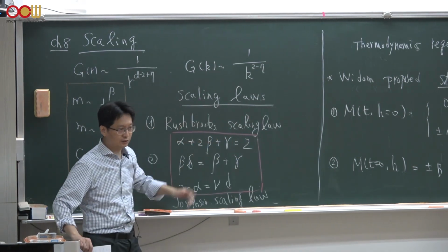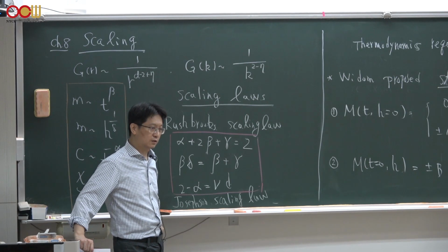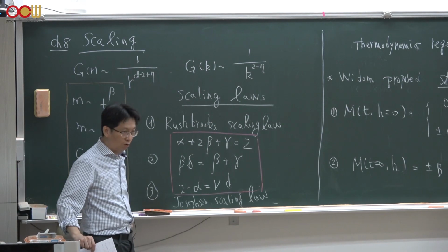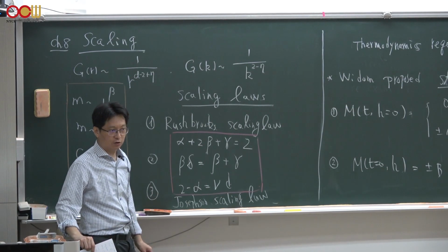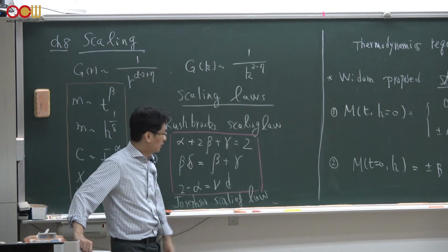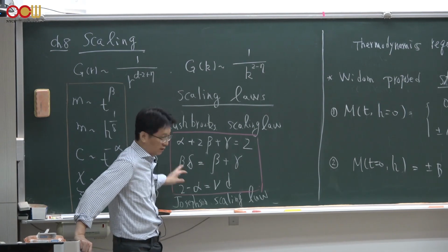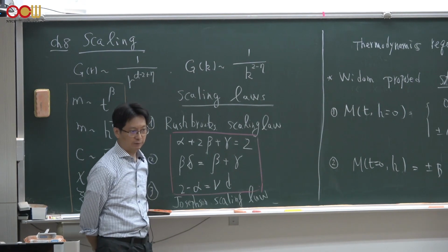And the scaling laws can be either derived from a scaling hypothesis that Widom proposed, or they could be checked by the experimental data. Of course, experimental data always have some kind of error bar. But analytically, one could derive such a relationship based on Widom's hypothesis.